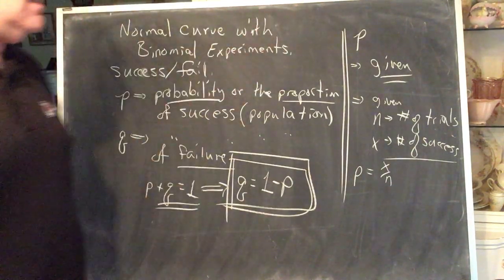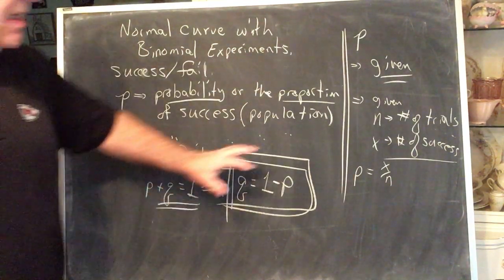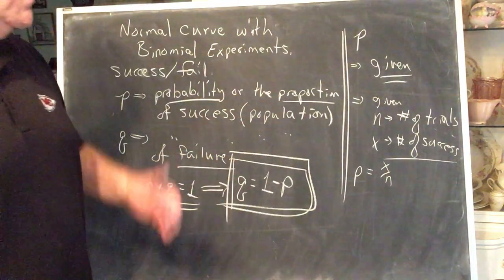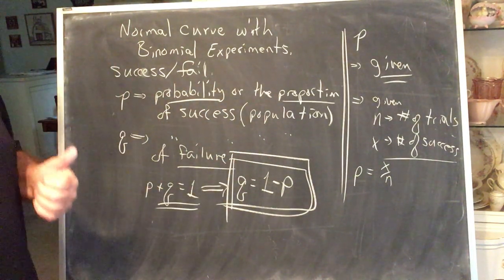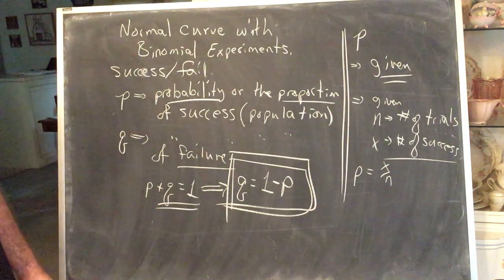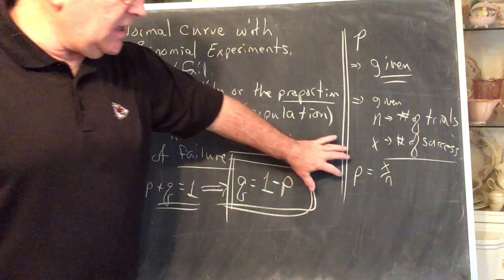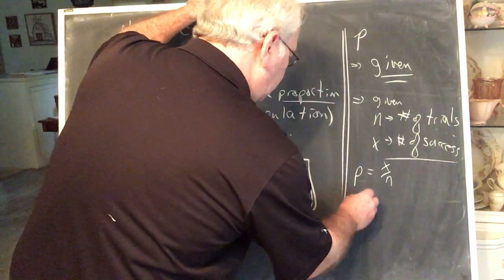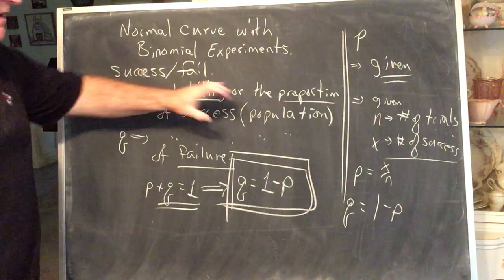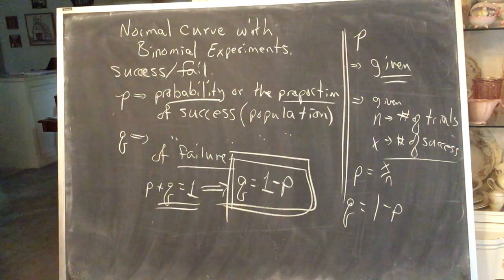In some scenarios, however, what you are given is the number of trials, N, and X, the number of successes. Then P is equal to X over N, and as always, Q is given by 1 minus P.